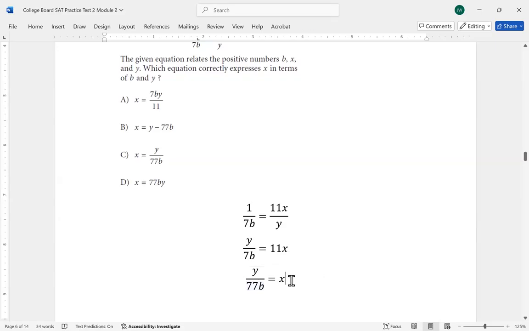Obviously, I wrote the x on the right-hand side. You could just as easily write the x on the left-hand side. If I write the x on the left-hand side, I get x is equal to y over 77b, which is option C. Therefore, the answer to question 10 is option C.